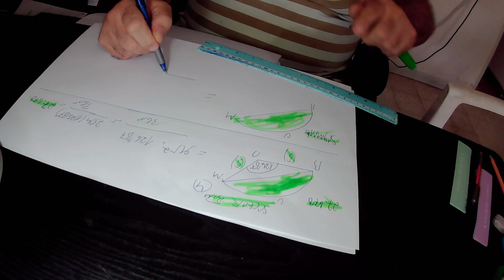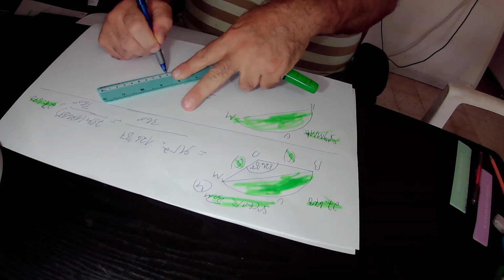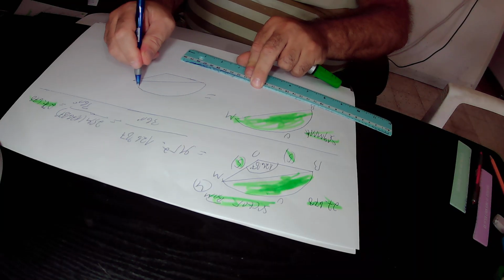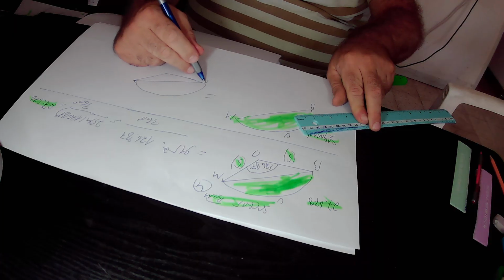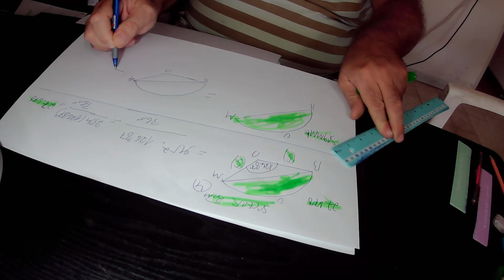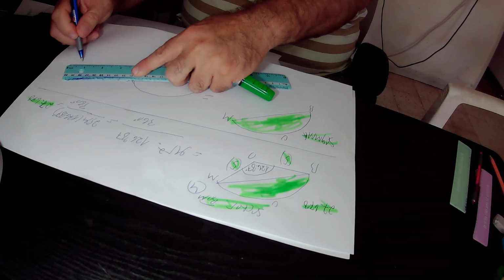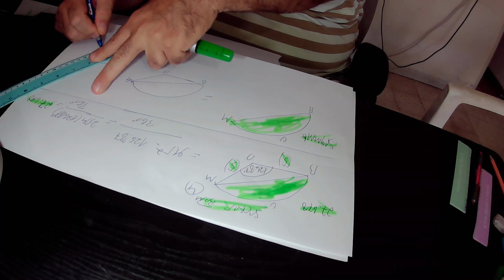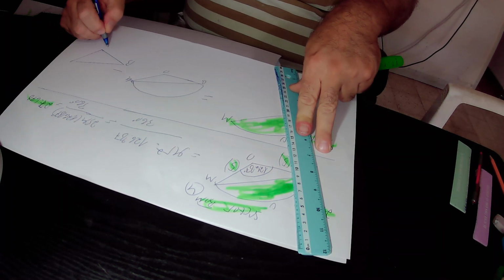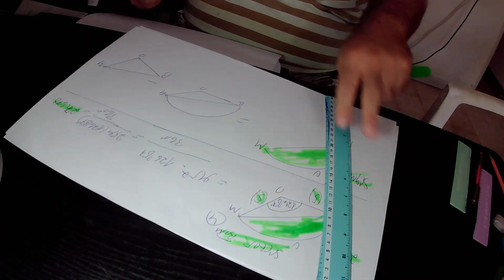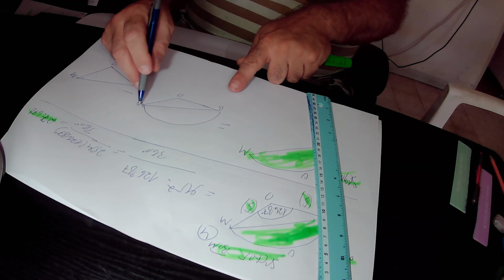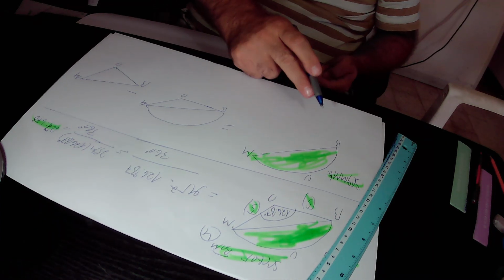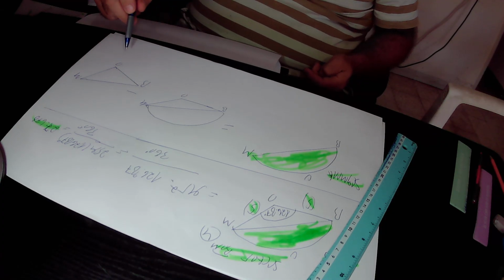Writing it down, the area of the upper segment BUM in total is equal to the area of sector BOM minus the area of triangle BOM.